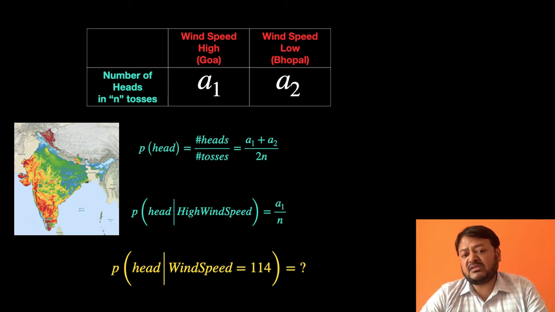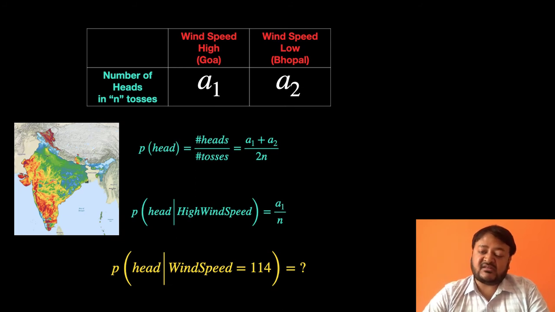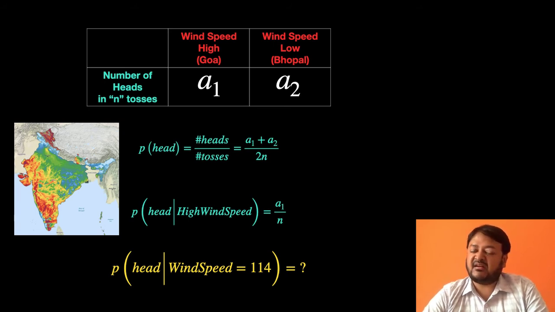Maybe you can find a place where the wind speed is exactly 114 and then do the coin toss experiment, but that is very, very unlikely to happen. You may find a place with a wind speed of 100 or maybe 135, but those things keep varying a lot. So you will never be able to find a place where the wind speed is exactly what you are looking for. So what do you do now?